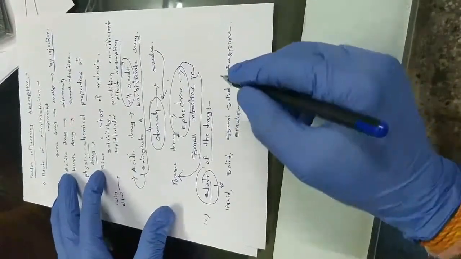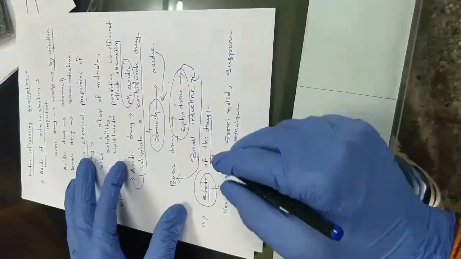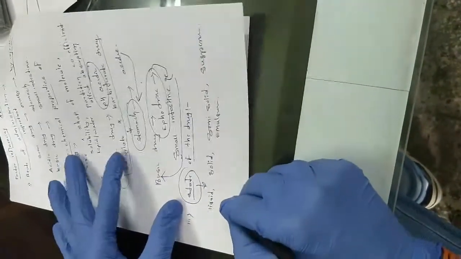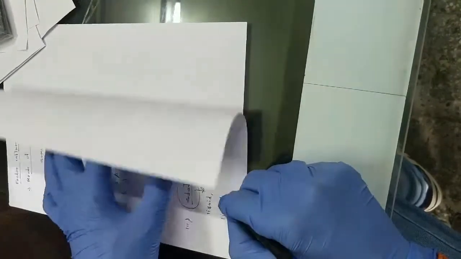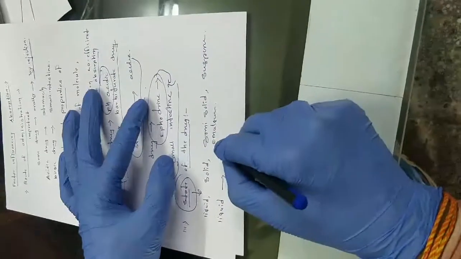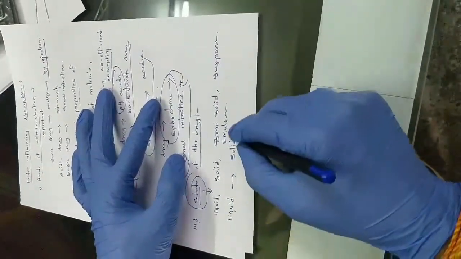Various forms of drugs are available. Now, how does the state of the drug affect absorption? For example, liquids are better absorbed than solids. Do you understand? Liquids are better absorbed than solids.